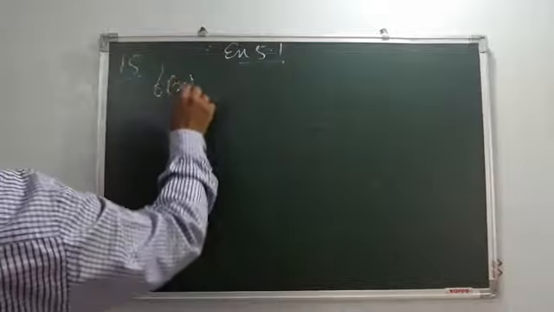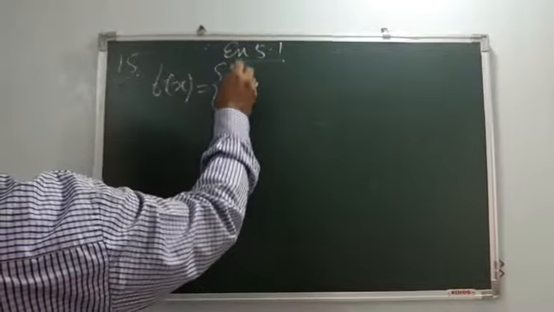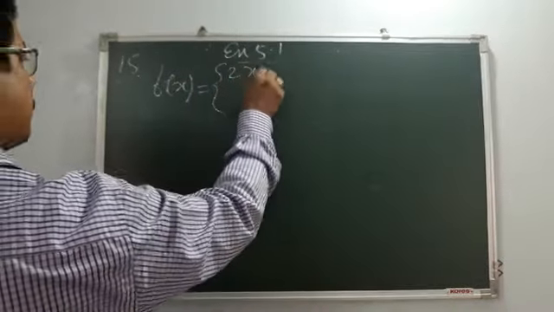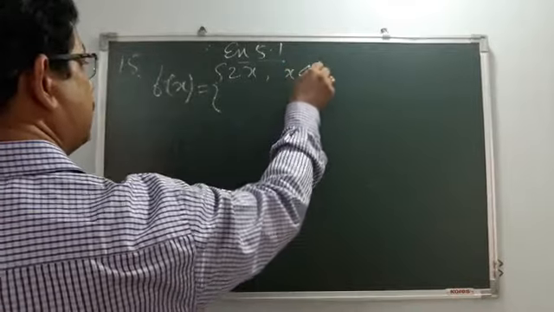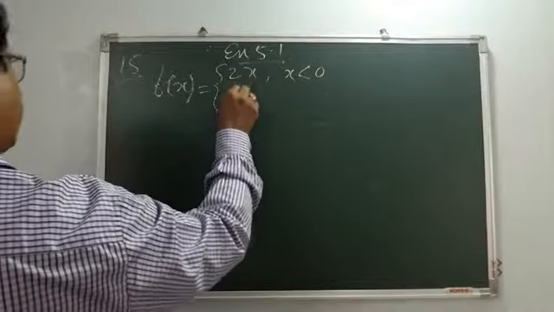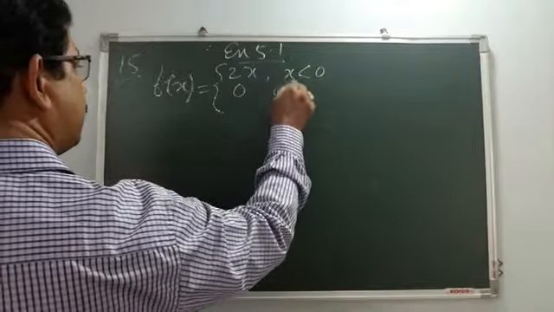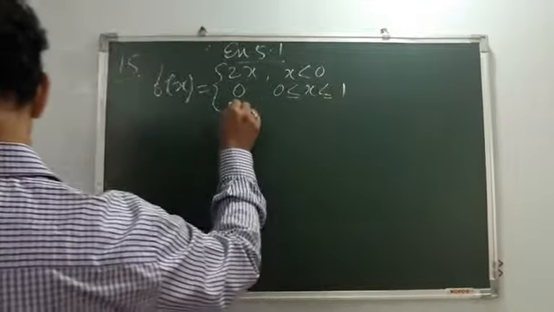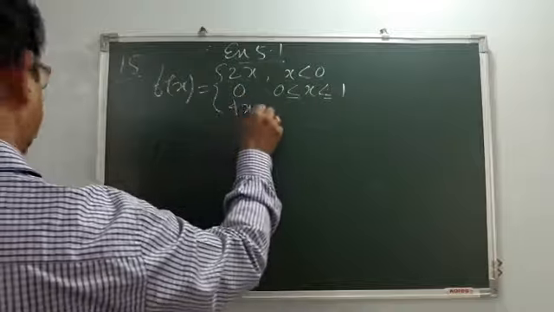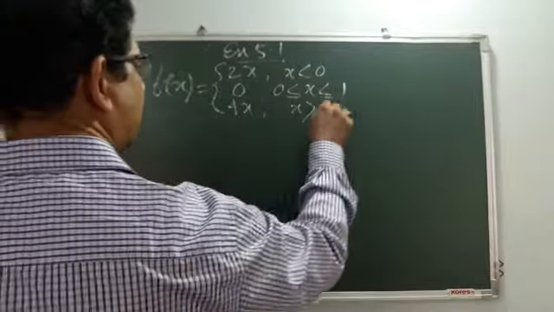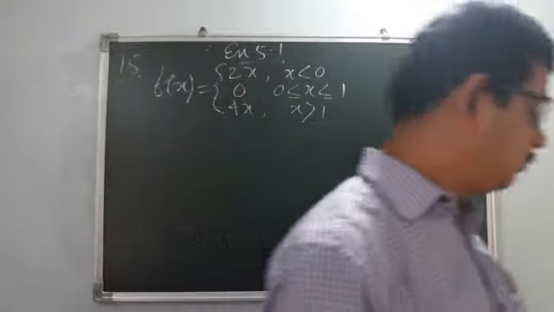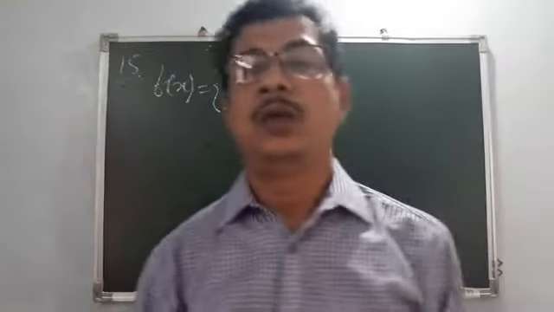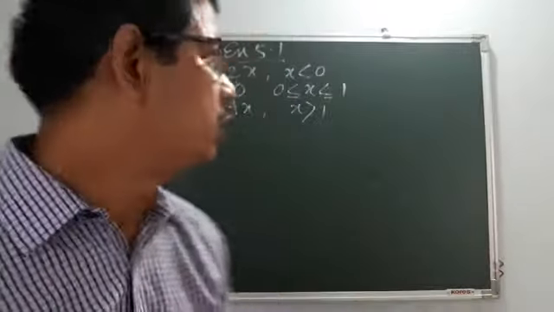f(x) has three values. One value is 2x when x is less than 0, 0 if x is greater than or equal to 0 and less than or equal to 1, and another is 4x. We have to find the point of discontinuity.